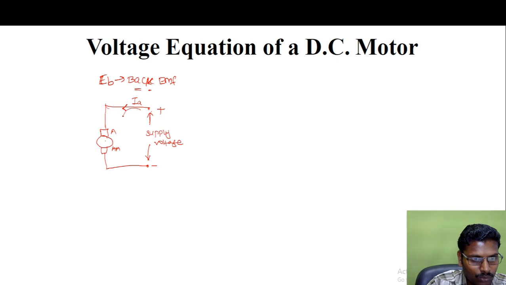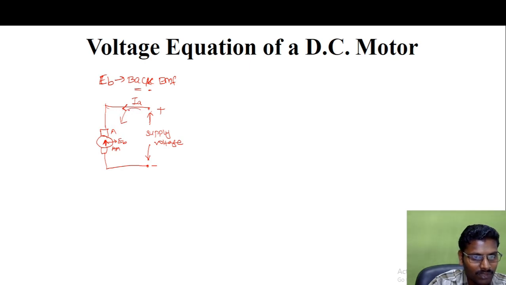This is the input supply given to the armature for motoring action. After the excitation of both the coils, the armature conductors will create an induced EMF, which is known as back EMF, EB. It will always be in the opposite direction to the input supply.